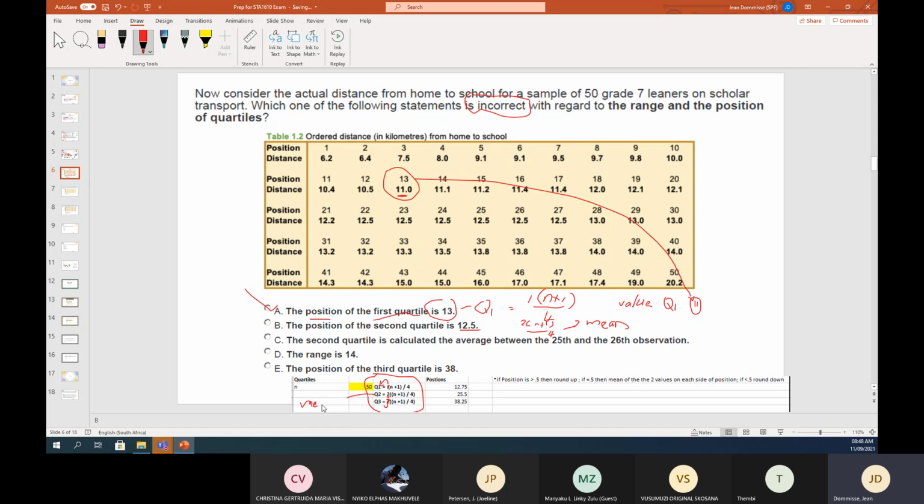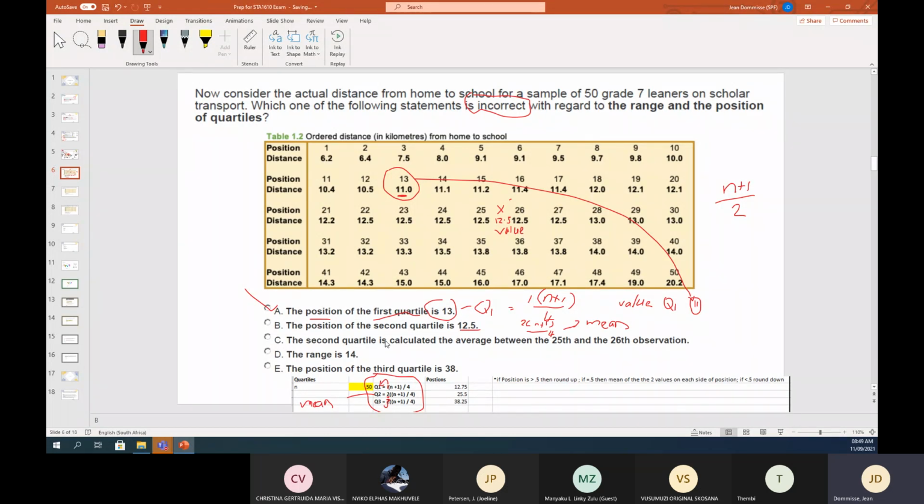Q2 is also your median, and the formula for it is n plus 1 divided by 2. So for n plus 1 divided by 2, we get the value between those two, and you can see that the value is 12.5.